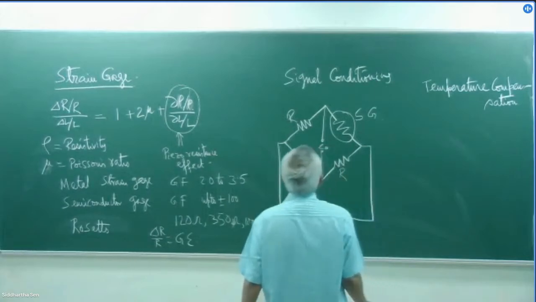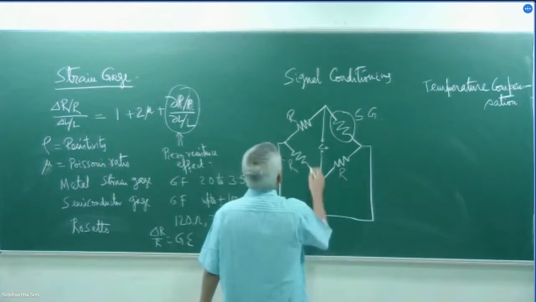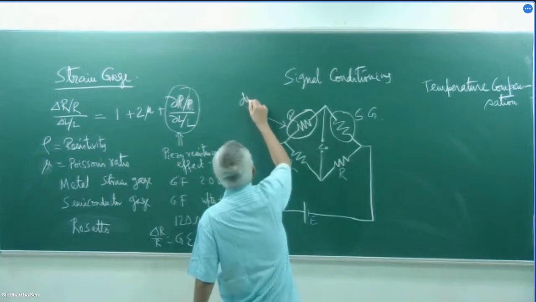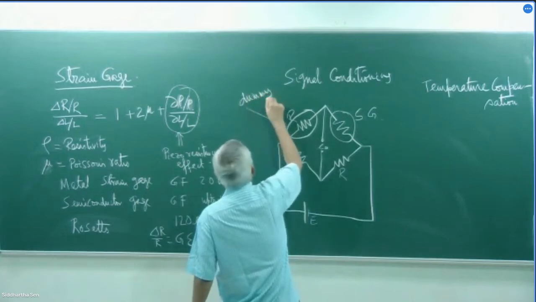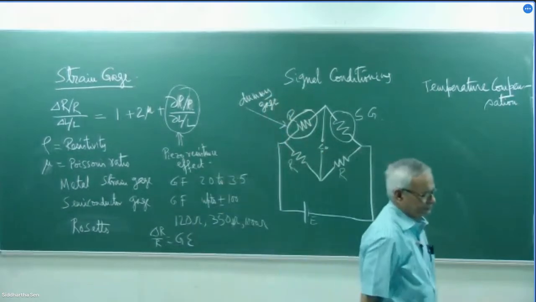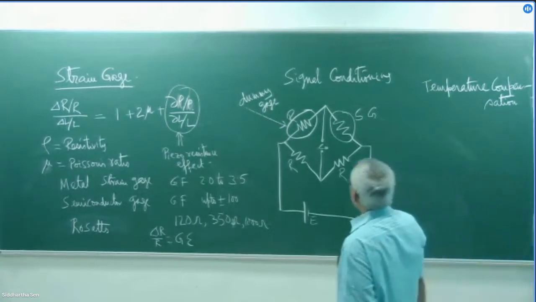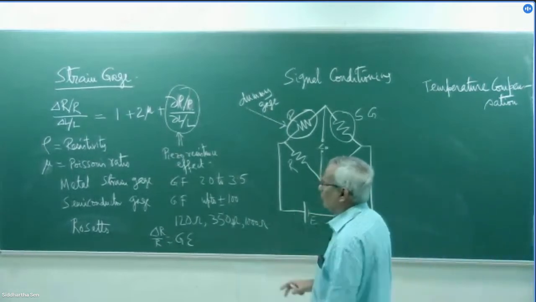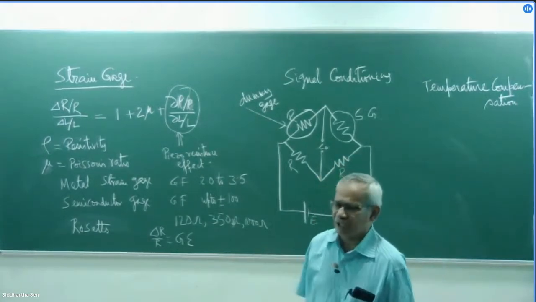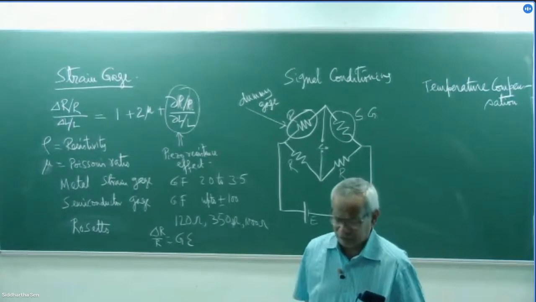So there are two options. Option one is we use a dummy gauge. A dummy gauge means another strain gauge which is mounted on the same kind of structure where you are measuring the strain, but it is not subjected to strain.